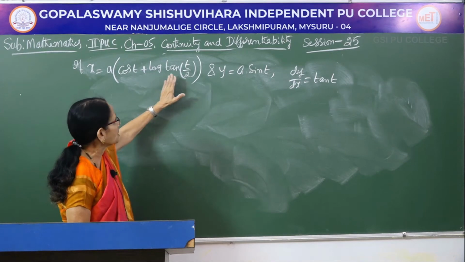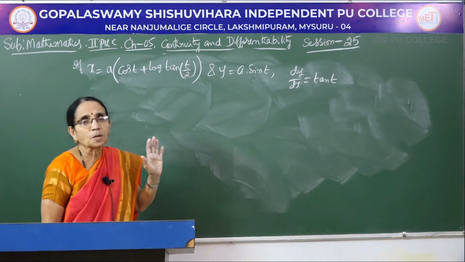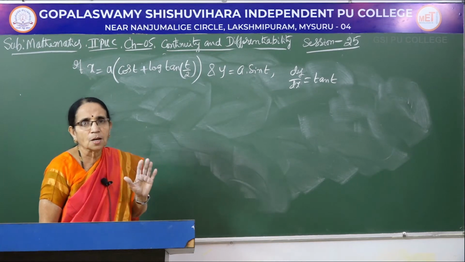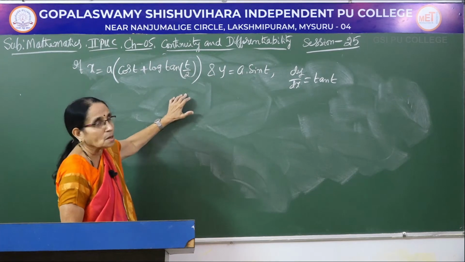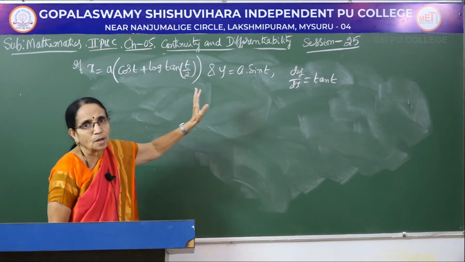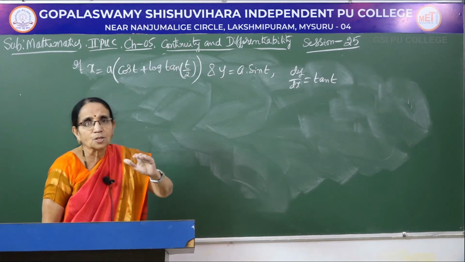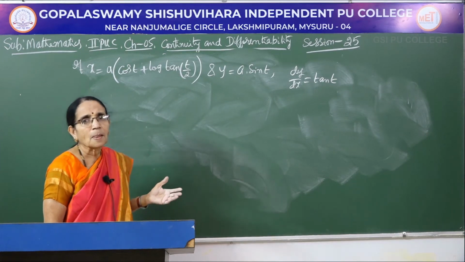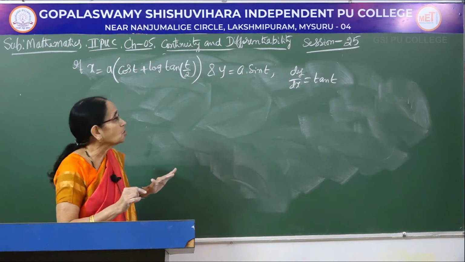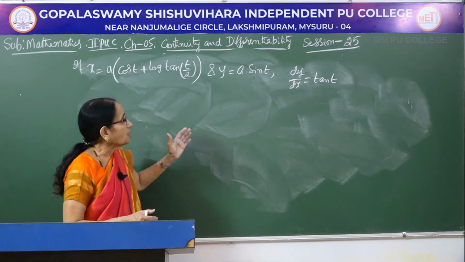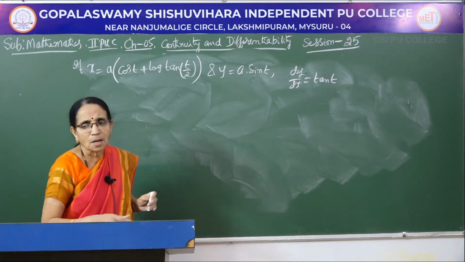Logarithmic function, tangent function, t by 2, it is an algebraic function. So, it has to be differentiated applying the chain rule 3 times. One log of something is 1 over that one. For tan of something, secant square of that one. For t by 2, it is 1 by 2. So, at 3 stages, you have to do the differentiation, then you have to use the multiple angle formula, then you have to use the identity, and finally you get dx by dt. Getting dy by dt is very easy.